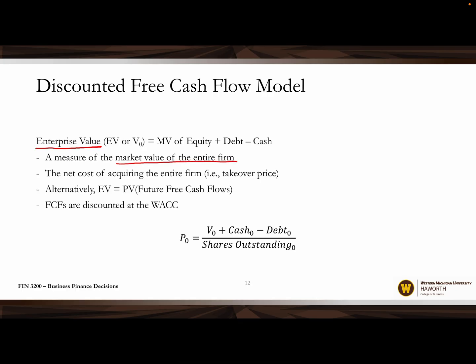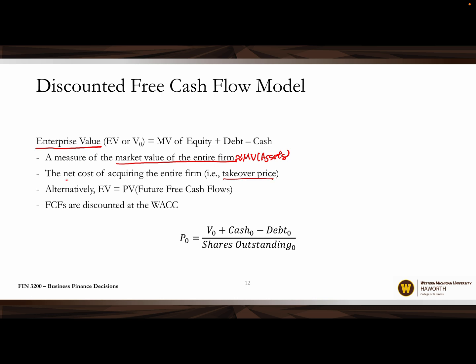Based on the little balance sheet figure that I showed you just before, we're trying to get basically the market value of the entire assets. That would be the enterprise value, and it's also the takeover price.